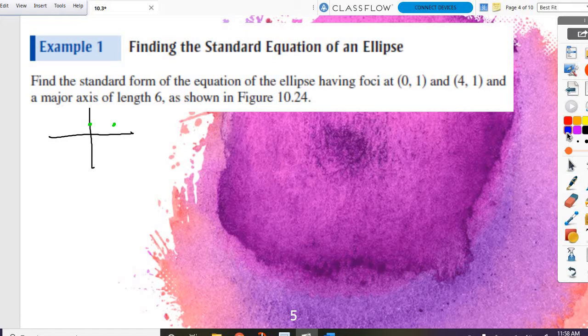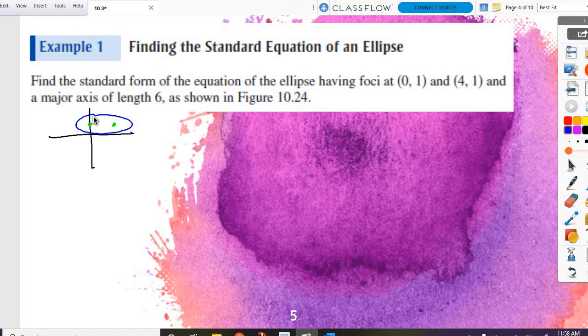Because your foci have to be on your major axis, which would have to be horizontal in this case. Which means that our ellipse would also have to be horizontal. And that's going to be important because that's going to tell us that our A is going to have to be under which of our variables, X or Y? X. Yep, because if I'm longer going across, that means that my bigger number has to be with my X.